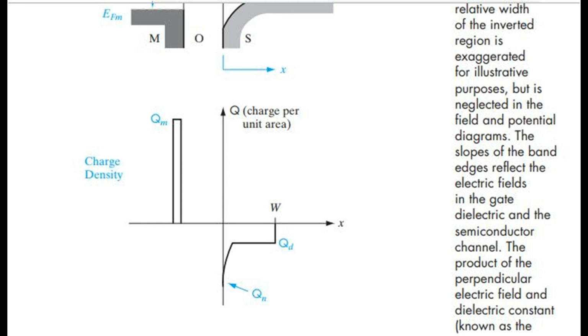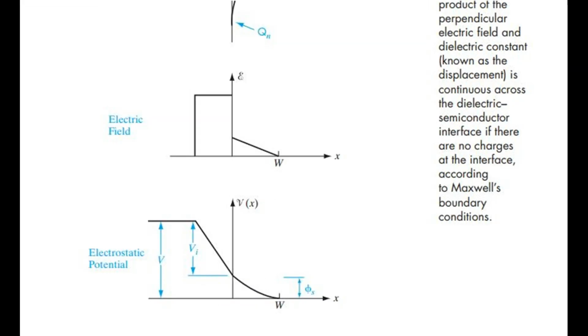Using the depletion approximation, we can solve for W as a function of ψs, Prob 6.7. The result is the same as would be obtained for an n+p junction in Chapter 5, for which the depletion region extends almost entirely into the p region. This depletion region grows with increased voltage across the capacitor until strong inversion is reached.